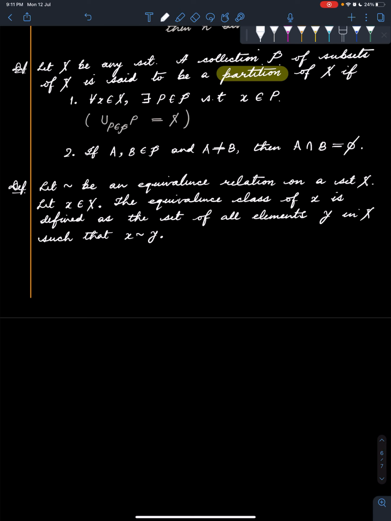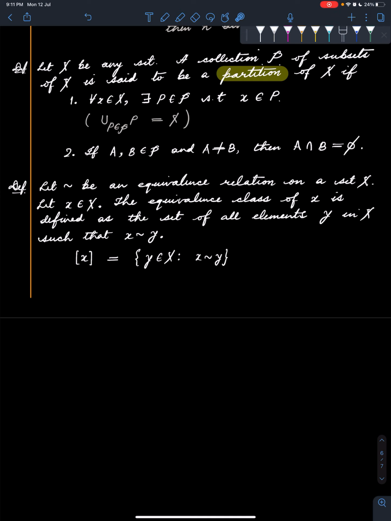So this is in words. In symbols, the equivalence class of x can be expressed as those elements y in X such that x is related to y, and the notation for it is we write x and then we put a bracket around it. And this can be ambiguous because if you have two different equivalence relations on the same set, then which relation are we using to take this equivalence class?